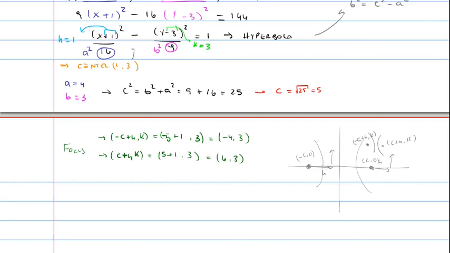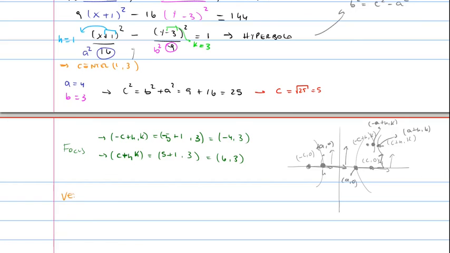Now let's have a look at the vertices. This point was the point minus a, 0, and this one was a, 0. So again, moving it towards the right and then upwards would leave this vertex as minus a plus h, k, and this one, moving it, we'll leave it here as a plus h, k.